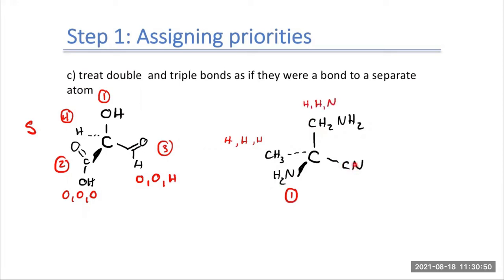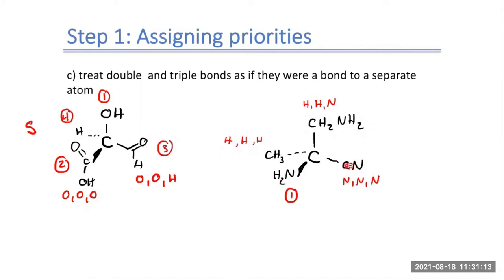This carbon here, if we remember our nitrile functional group, remember it's a triple bond. 1, 2, 3. So that means it has 3 bonds to nitrogen. So even though there's 1 atom, I count it 3 times because there's 3 bonds to it.